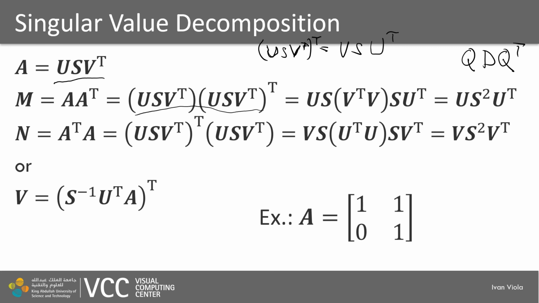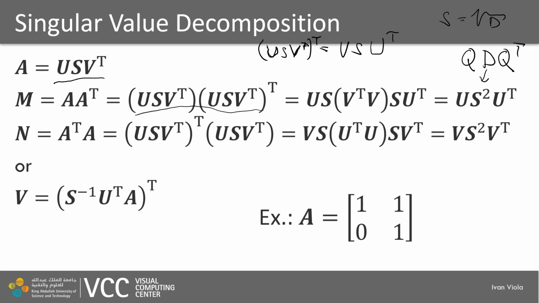So we will now be computing only the D. S is sort of the square root of D, right? So we will need to take the square root of the components on the diagonal to get the singular values on the diagonal.